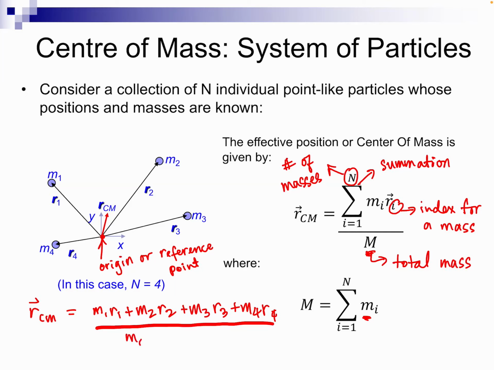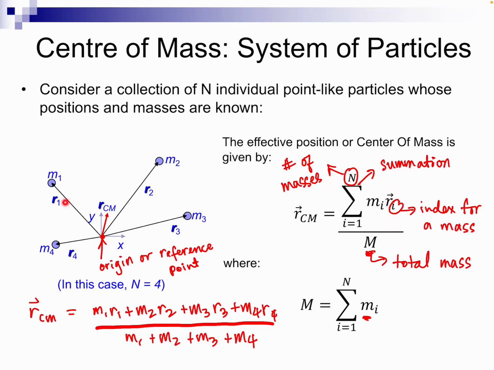That means mass 1 plus mass 2 plus mass 3 plus mass 4. Okay, so this is how we interpret this short notation for the definition of finding the center of mass.